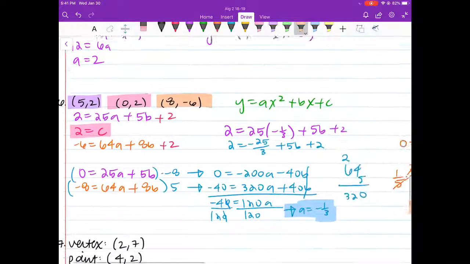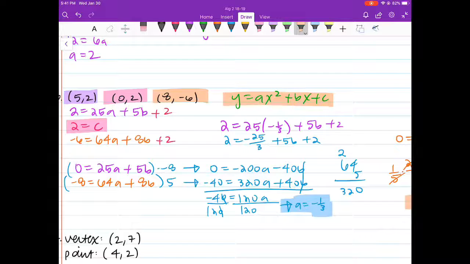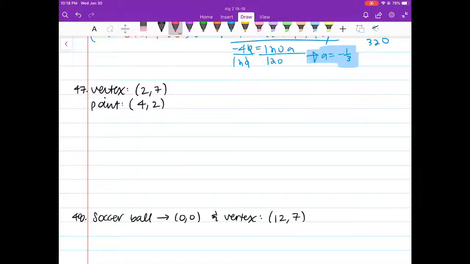Now that we know what a, b, and c are, we get to throw those values back into y equals ax squared plus bx plus c. So our final answer is y equals negative 1/3 x squared plus 5/3 x plus, whoopsies, 2, again from the very beginning. For our last two problems, number 47 and 48, we are given the vertex for both, so we are going to want to write those in the vertex form, which is y equals a times x minus h squared plus k, where your vertex is h, k, and you use your point to plug it in, rearrange, and solve for a.